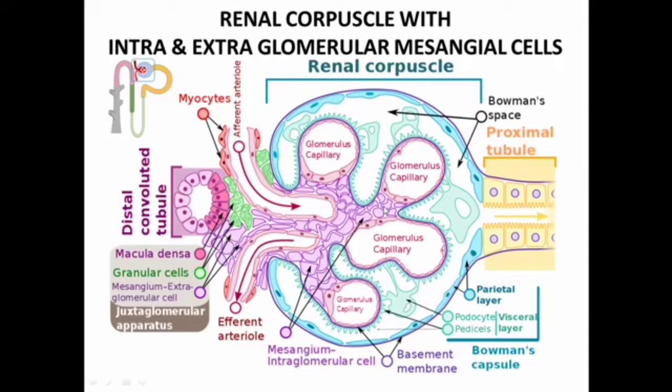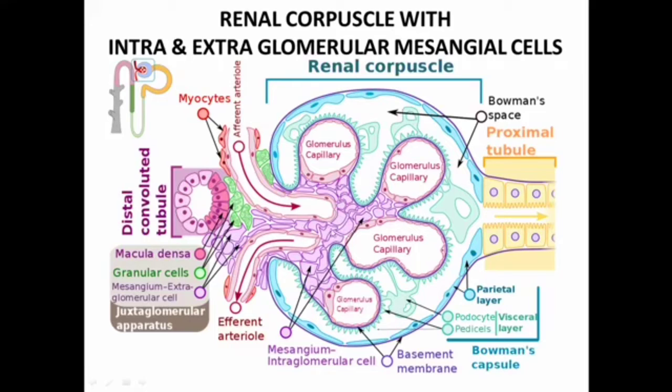When they dilate and reshape, they can increase the glomerular filtrate. So in this way, they control the flow of blood in the glomerular capillaries. They have also got the receptors for angiotensin 2 and the atrial natriuretic factors, and in response to these stimuli, they increase or decrease the glomerular filtrate. So they perform various functions, these intraglomerular mesangial cells.